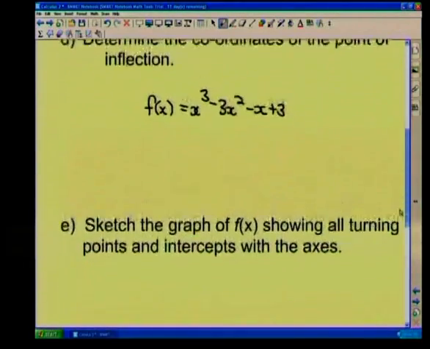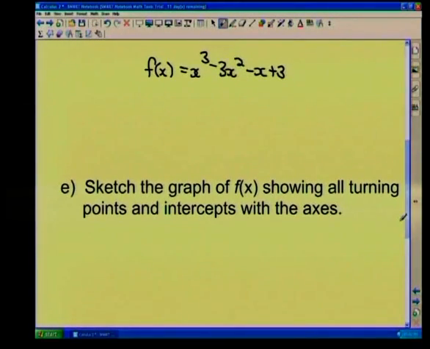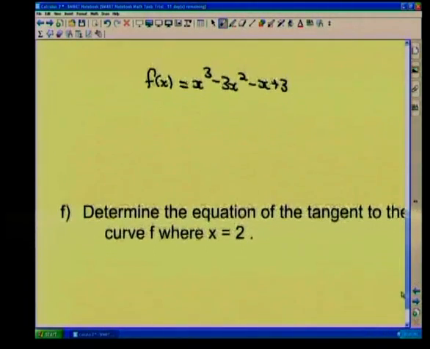Right, now they want me to find the equation of the tangent. So again, I'm just going to write it here so I can keep moving down the screen. With not doing the whole question, we are at a bit of a disadvantage. Here you go: determine the equation of the tangent to the curve f where x is 2.